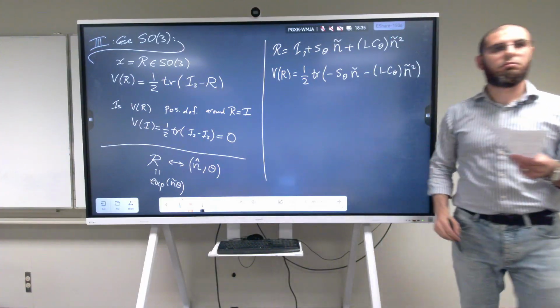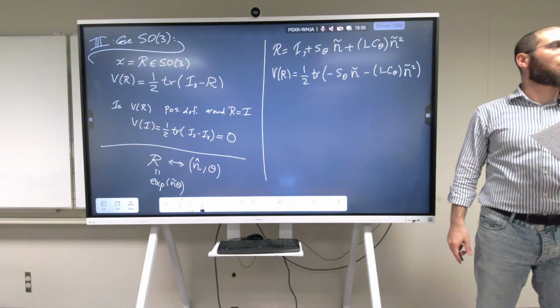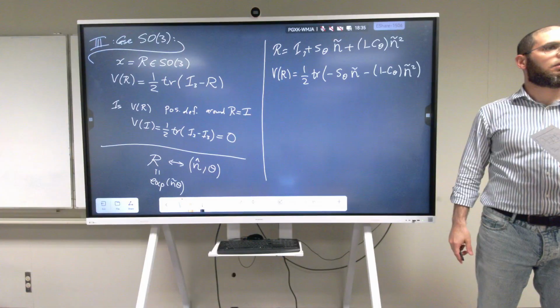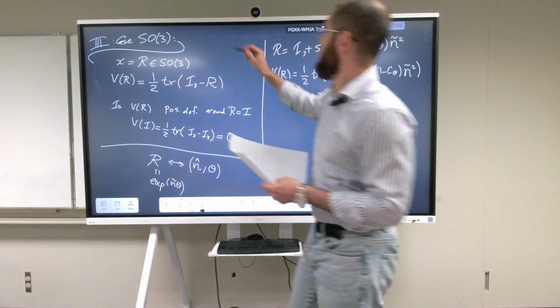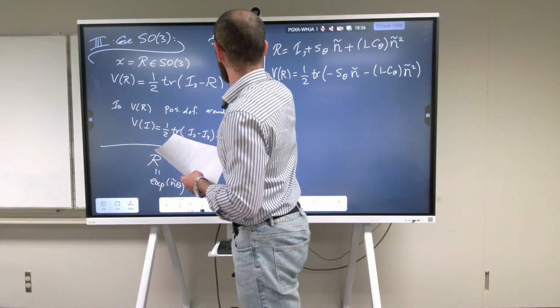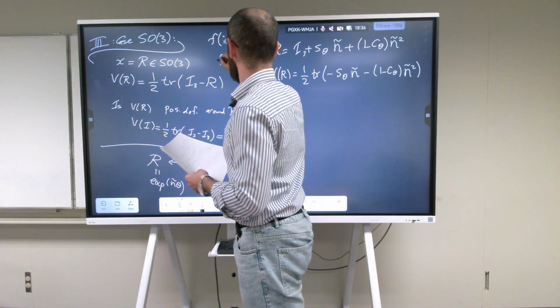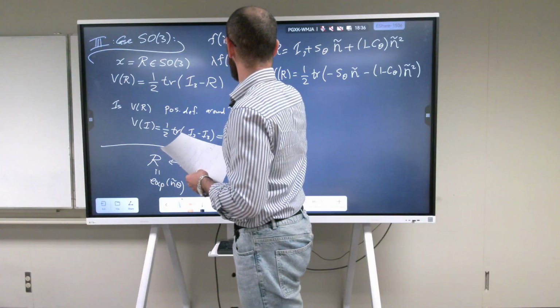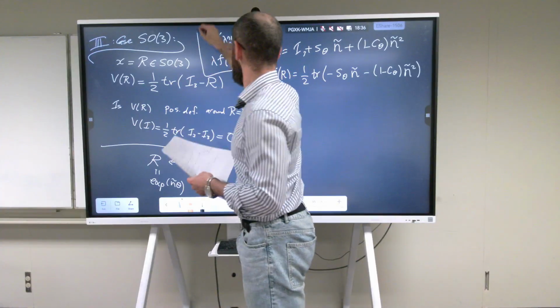You all agree? The trace is a linear operator. What does a linear operator mean? You can take everything out. If I have a scalar lambda, f of lambda multiplied by v1 plus v2, I can write it as lambda multiplied by f of v1 plus f of v2. This was the definition of a linear map, remember?